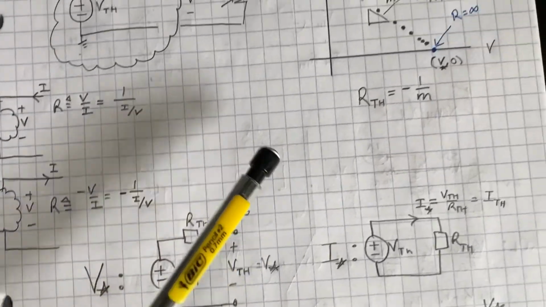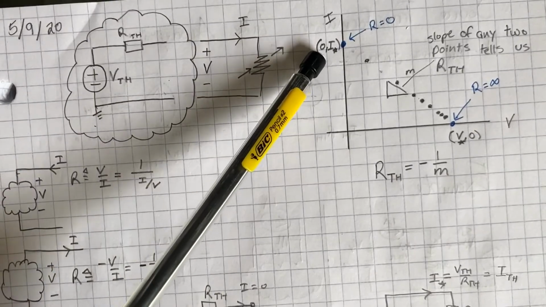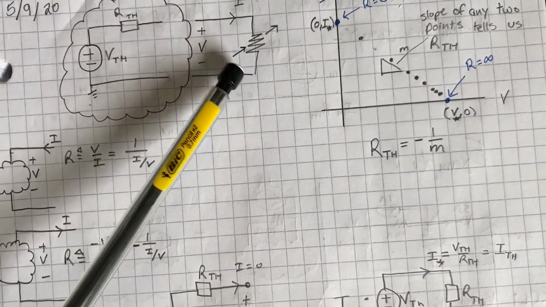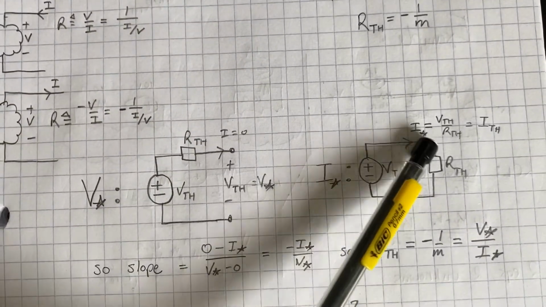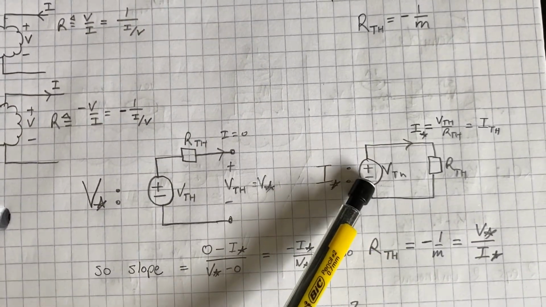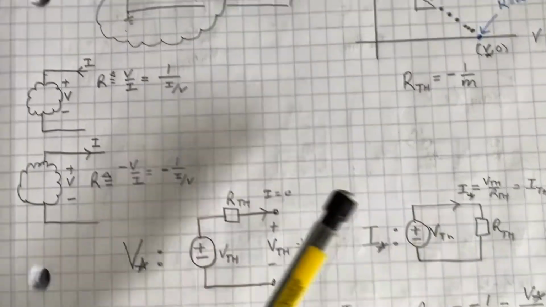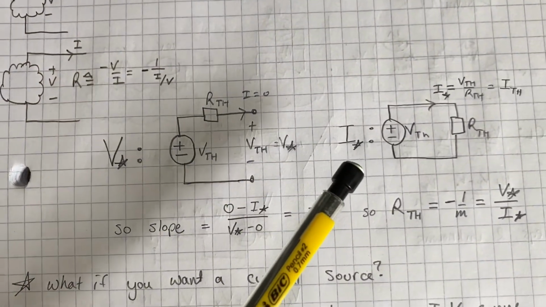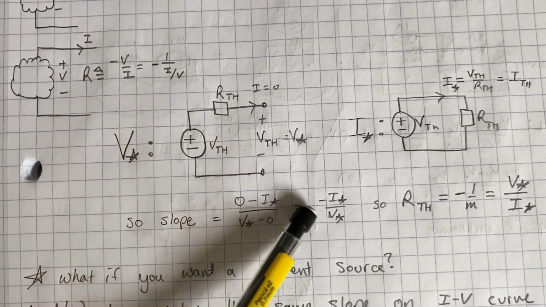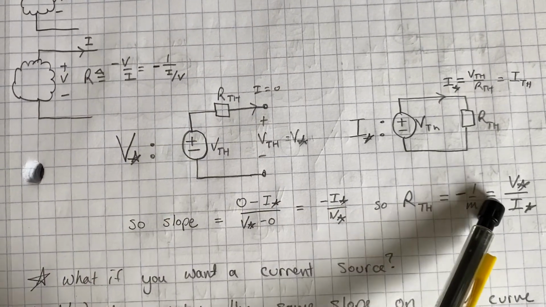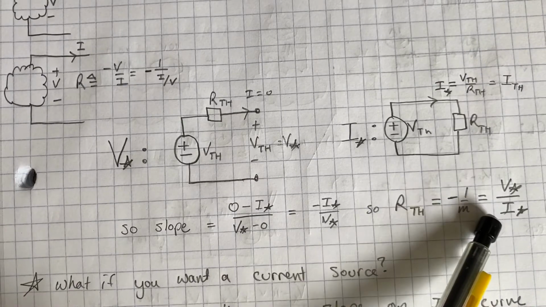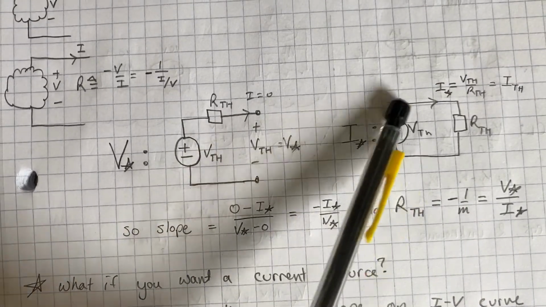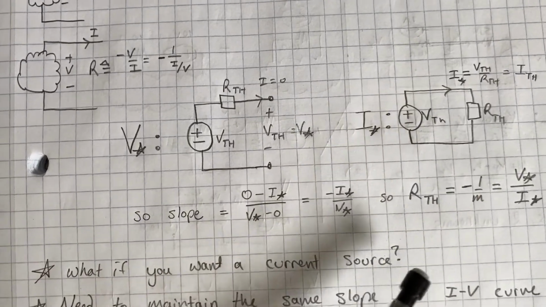So now if the resistance is zero and we're trying to find the maximum current, then this is just a short circuit here. And the current is just the voltage over the output resistance. So it's just this voltage over this resistance. And so now the slope, based on how we defined it, is just the V star over I star, or V Thevenin over the short circuit current here.